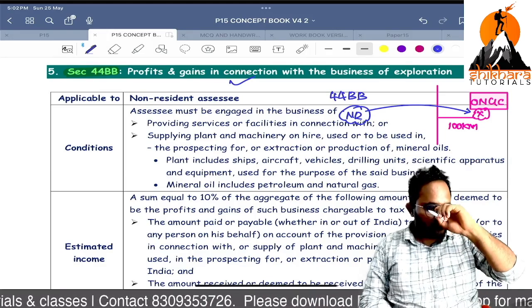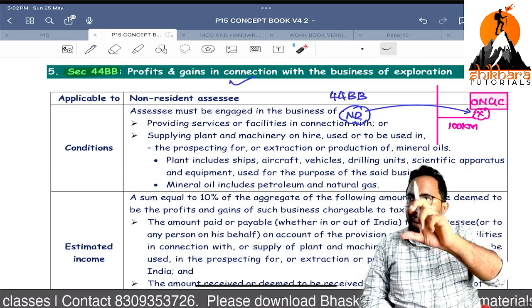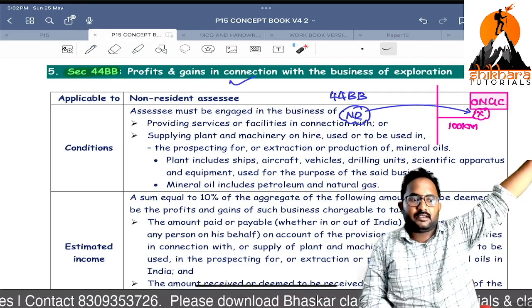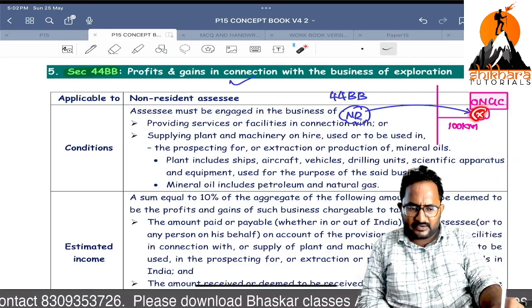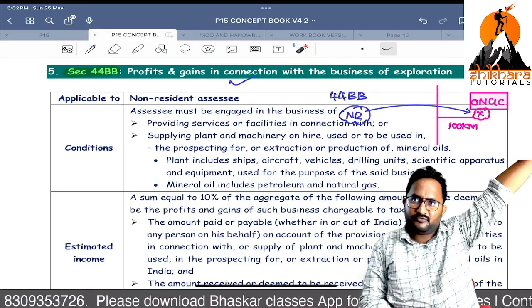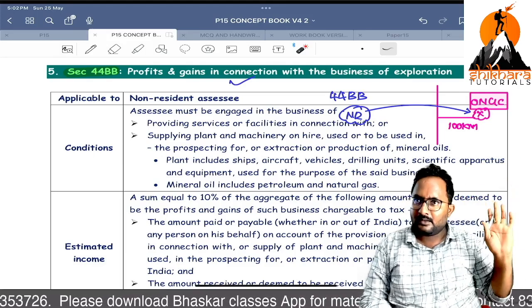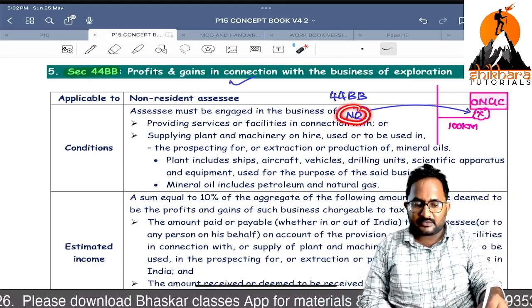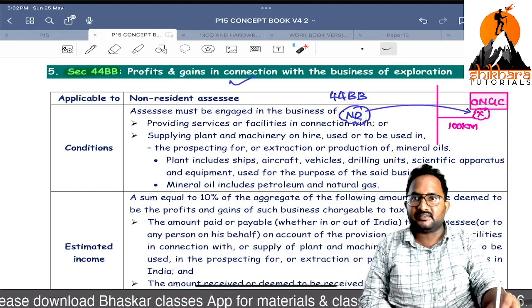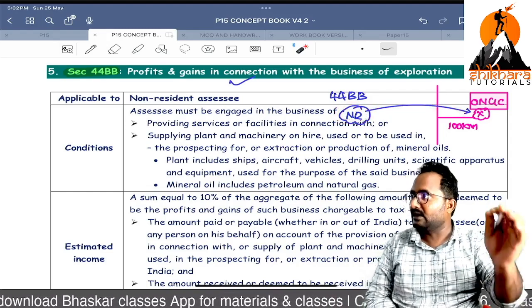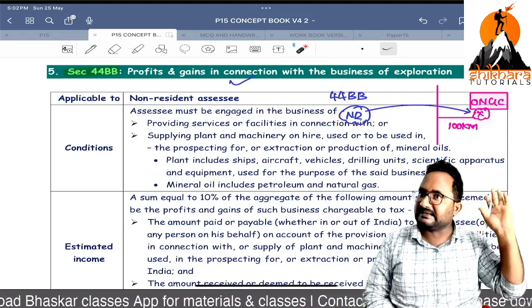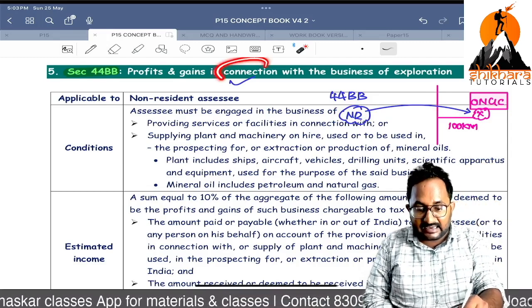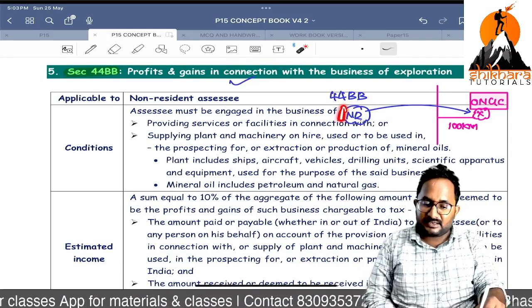Example, in our AP, Amalapuram city is there. In that, an ONGC exploration project is there. I think it is 150 kilometers away from the beach. So regularly helicopters are traveling between this port and that offshore installation for supplying food, plant and machinery, lubricants, etc. Who is connected with that business? Nothing but any non-resident.